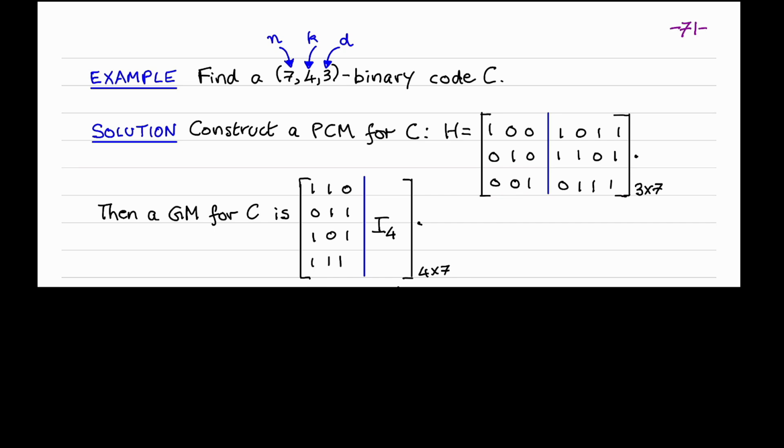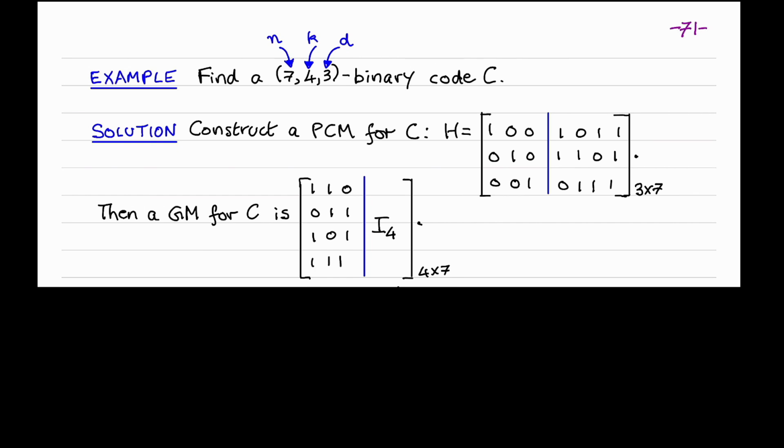You can check that the columns of H are non-zero, distinct, and column 4 equals column 1 plus column 2. Also note that H has rank 3. So H is indeed a PCM for a binary code of length 7, dimension 4, and distance 3.